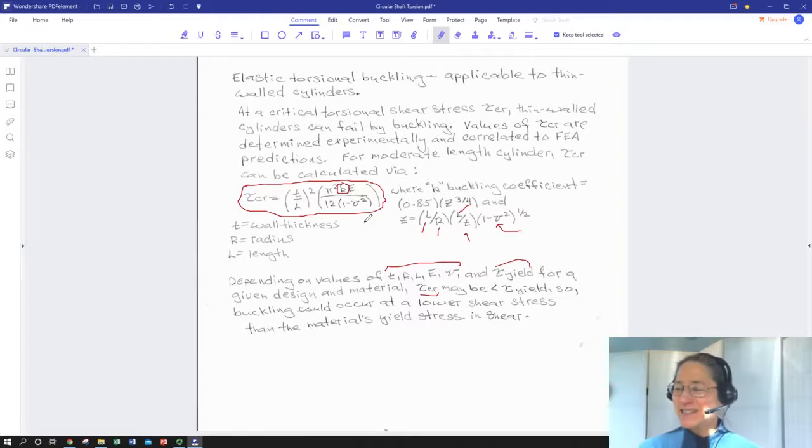And of course, the one sad fact is when we look at our buckling criteria, we notice that unfortunately the things that will give us a big moment of inertia that will make the shaft stiffer torsionally, unfortunately will tend to make it more prone to buckling. So our deflection criteria, which is favored by a big moment of inertia, which is a real thin tube with a big radius, makes you more prone to buckling.